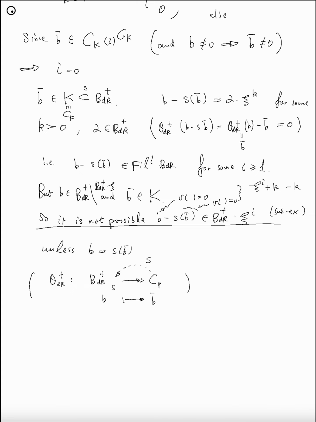And so this is mapped to S of B bar, and so B minus S B bar, the different liftings, they're in the kernel of theta Durand plus, and so it is of the form alpha times C power K. And then what else can I say?